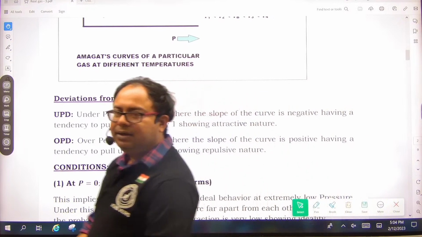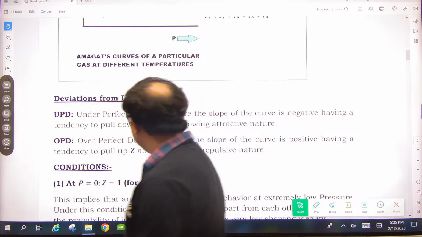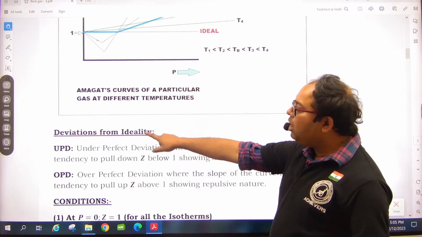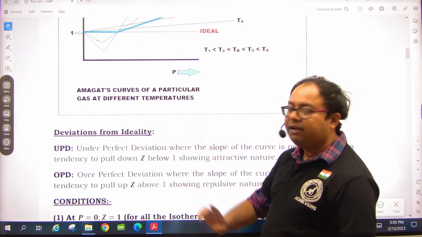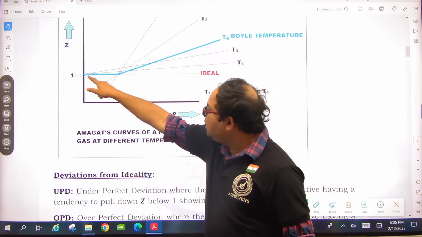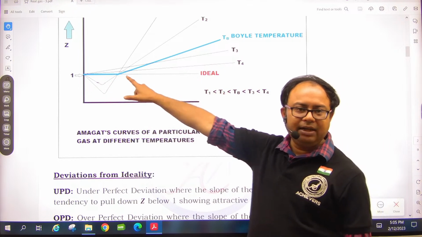Before going into that, let us define two terms. The downward movement is known as UPD, under perfect deviation. It is the deviation from ideality, because the ideal line is running straight, parallel to the P-axis with an intercept equal to 1.